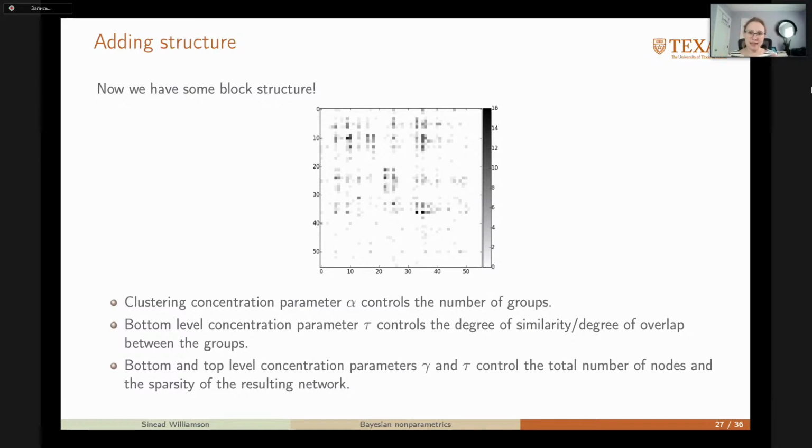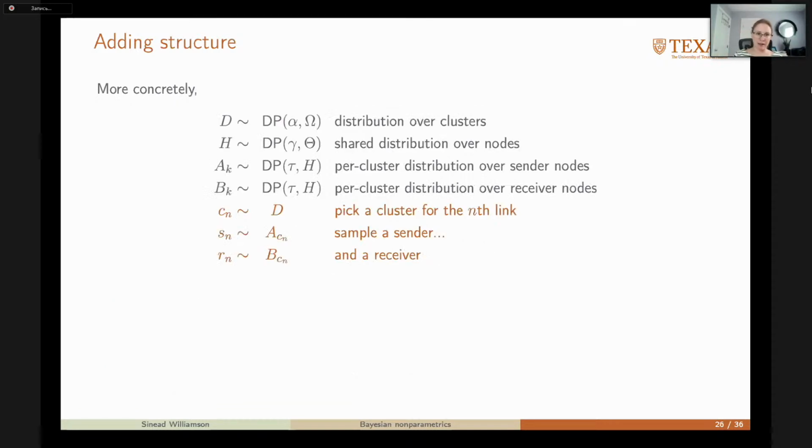And the size of these clumps and the behavior of these clumps are controlled by those parameters in our model here. So we had 3 parameters. We had alpha, which is the parameter of the distribution over clusters. That's going to determine how many clusters we expect to see. Right? The higher alpha is, the more clusters we're going to have.